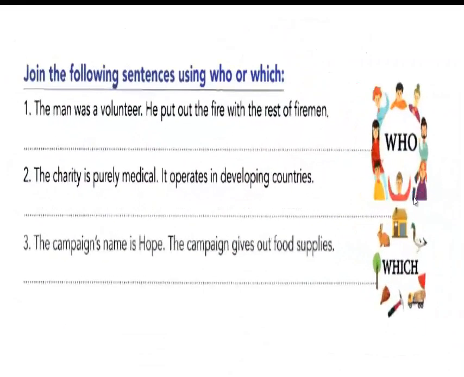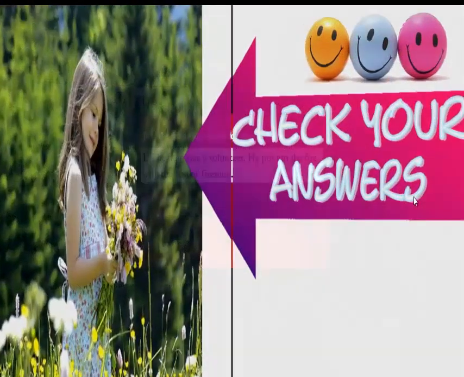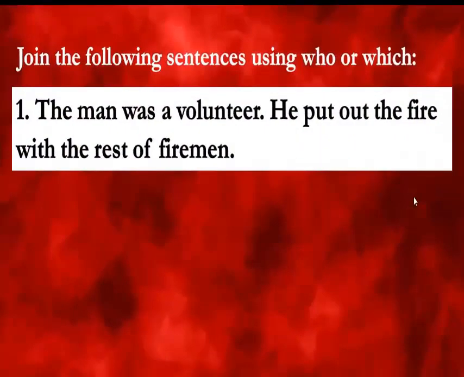Now let's check our understanding of this rule with this exercise in the student book. Join the following sentences using who or which. Number one, the man was a volunteer.